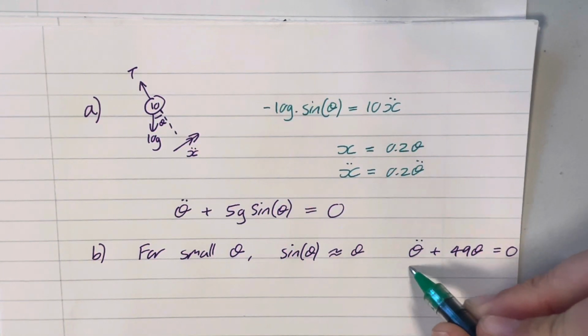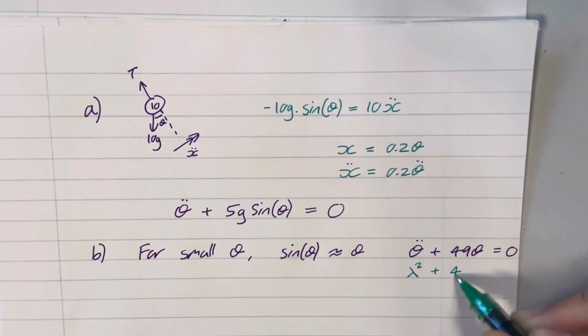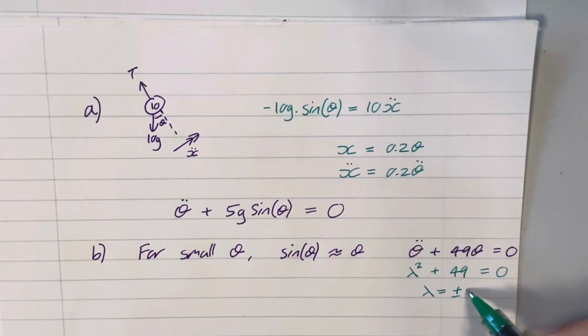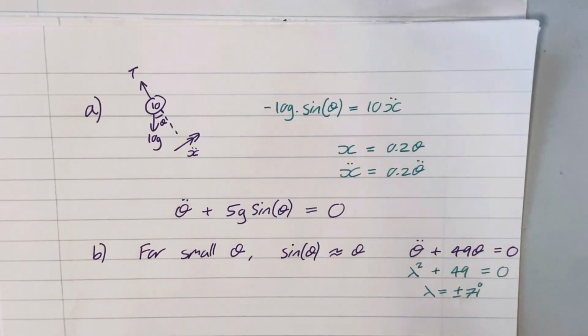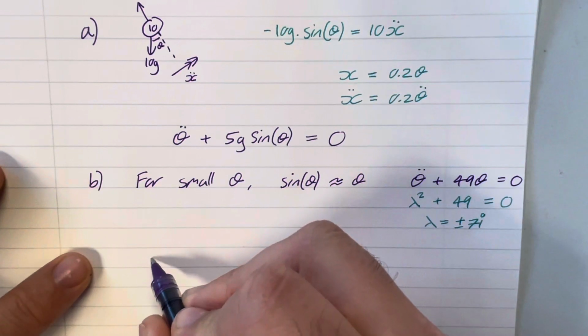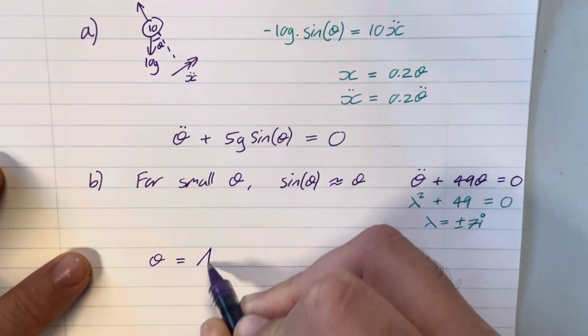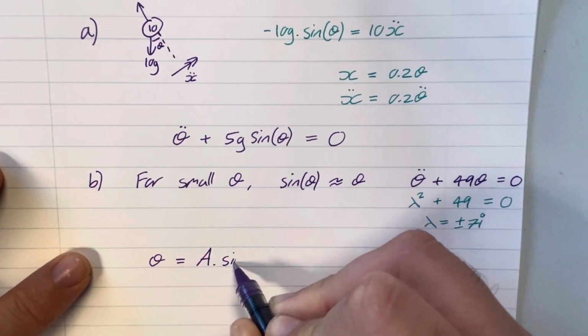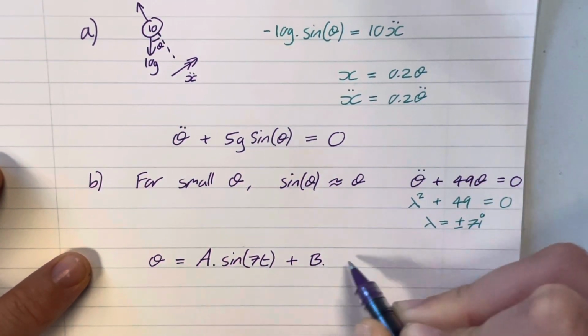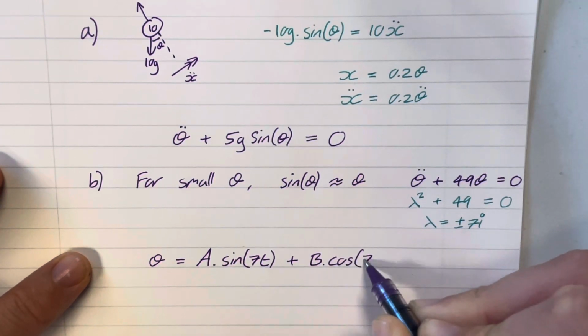So the auxiliary equation would be lambda squared plus 49 is 0. And that means that lambda must be plus or minus 7i. Okay, a pair of imaginary conjugates. Okay, so now that we've got those two solutions from our auxiliary equation, we can jump straight to our general solution, which is going to be theta is equal to some arbitrary constant times the sine of 7t plus some other arbitrary constant times the cosine of 7t.